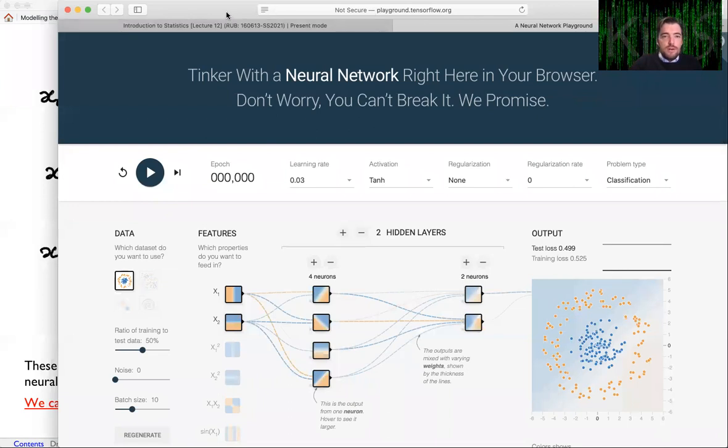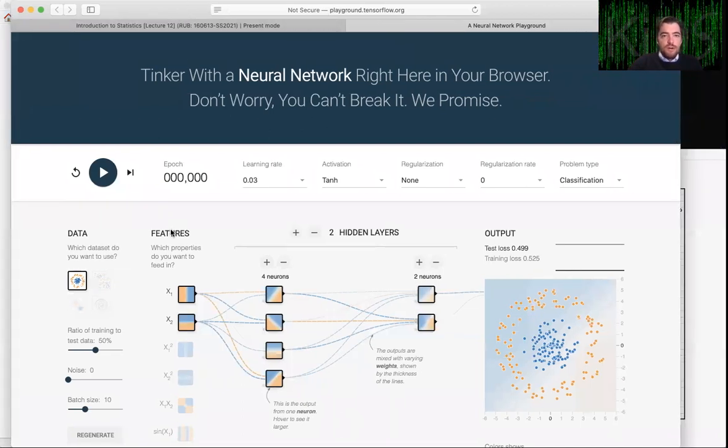This suite of machine learning tools is called TensorFlow. It's available in Python and in R.